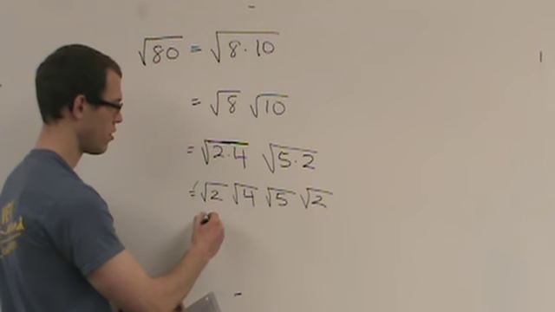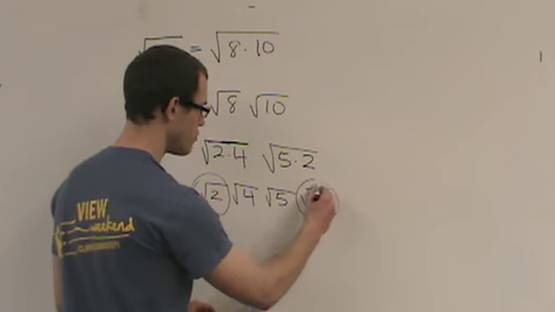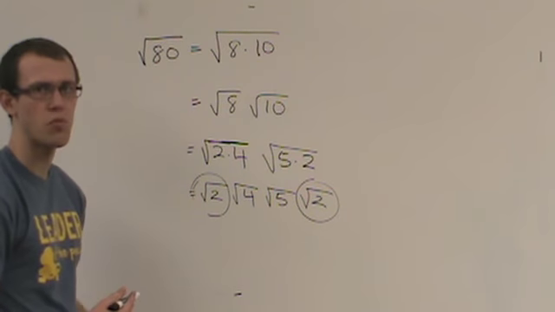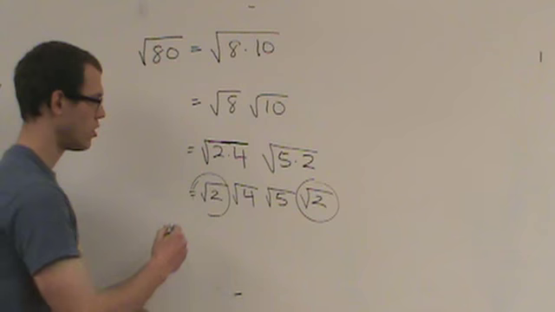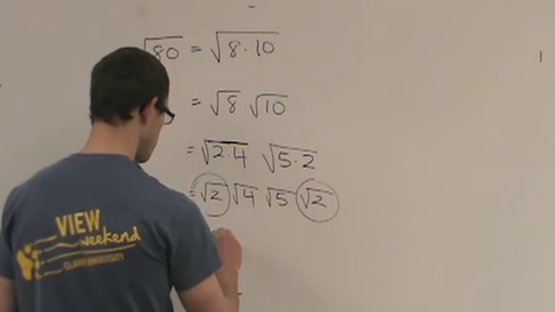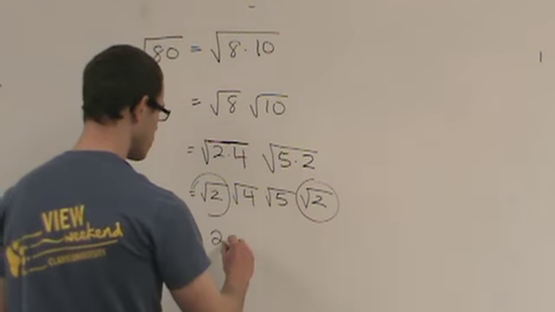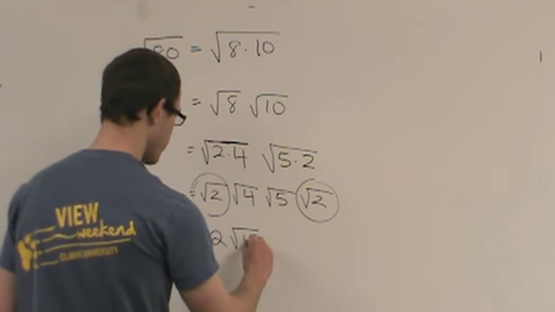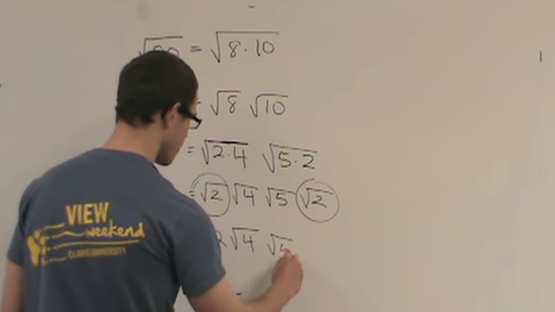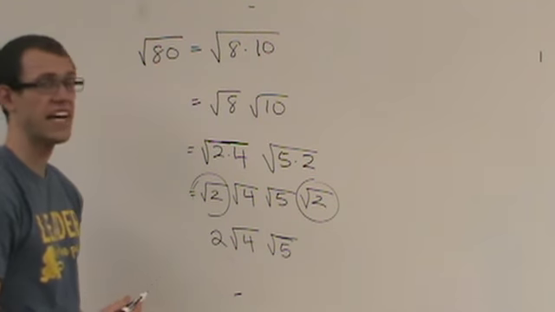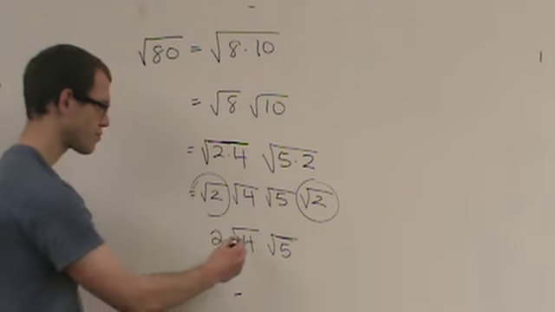We have a pair of square roots of 2. That means we can take those and just take the number out from underneath the radical. So these two become simply 2, no radical, but now we still have the square root of 4 and the square root of 5. So can we simplify these anymore? Well, let's look at it like this.